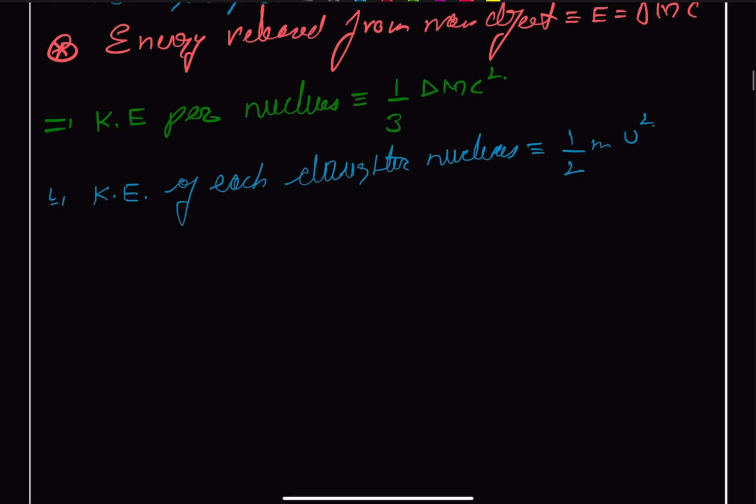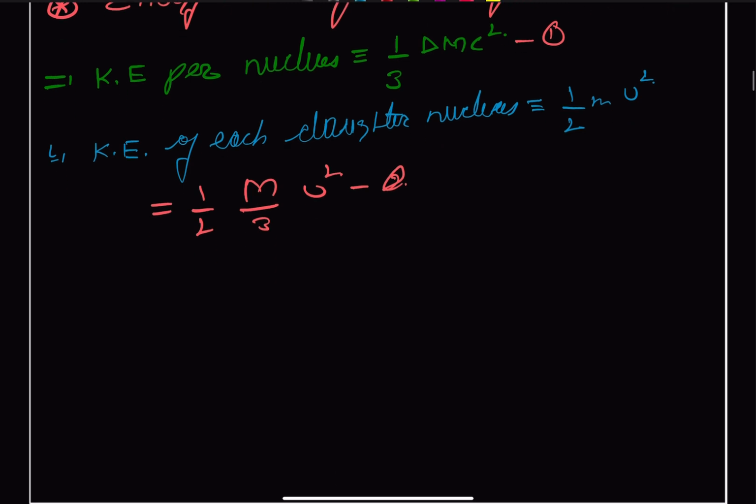We know the relation between small m and capital M, so this will be half capital M divided by 3 times v square. Both these expressions, equation 1 and equation 2, represent the same kinetic energy of the daughter.